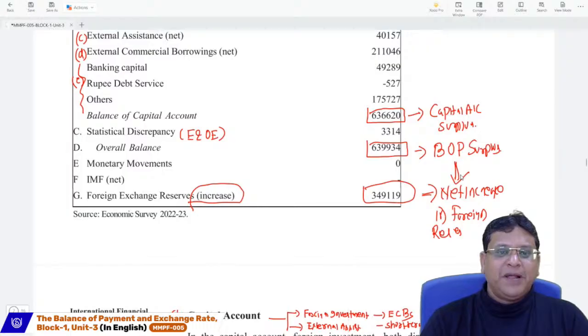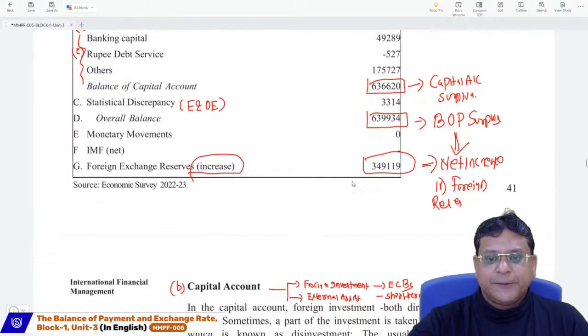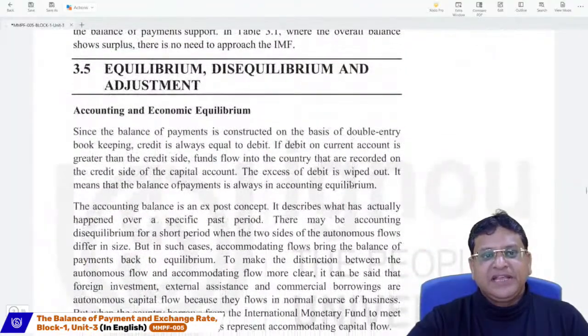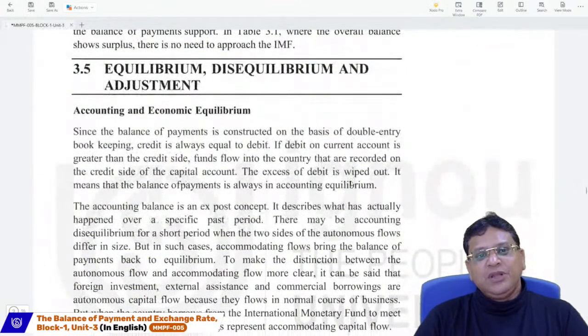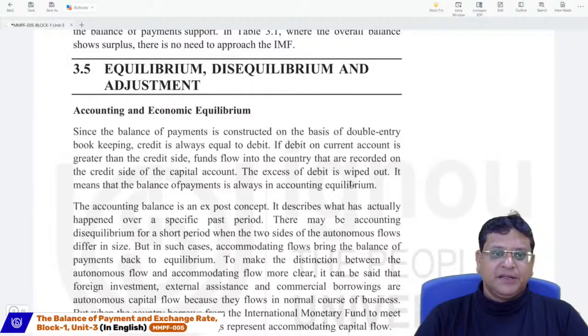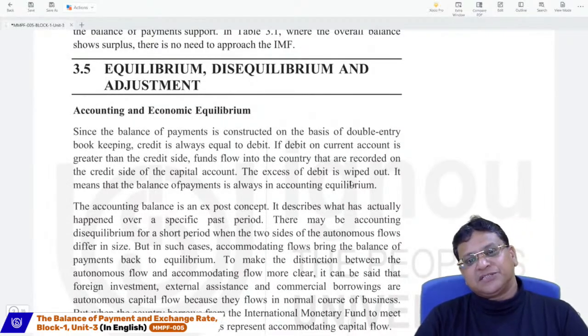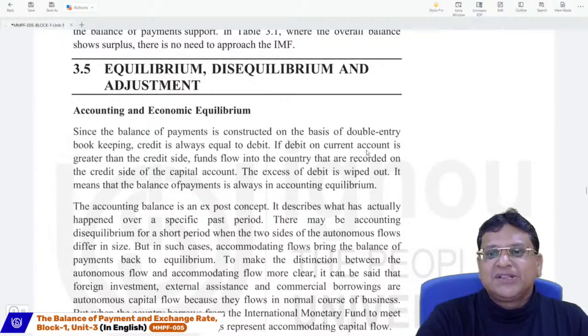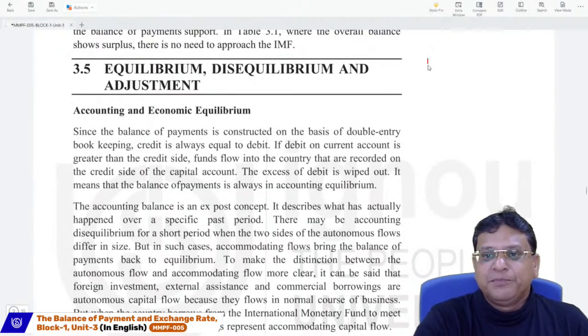So this is the balance of payment of a country. Next we will discuss equilibrium or disequilibrium of balance of payment. What is equilibrium of balance of payment and what is disequilibrium of balance of payment? In order to understand this, we have to understand the items of BOP.